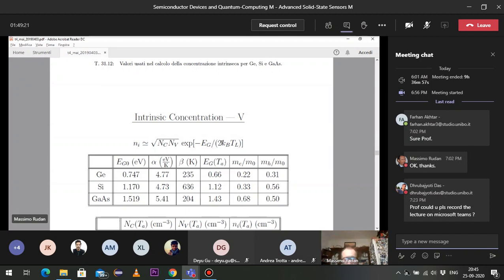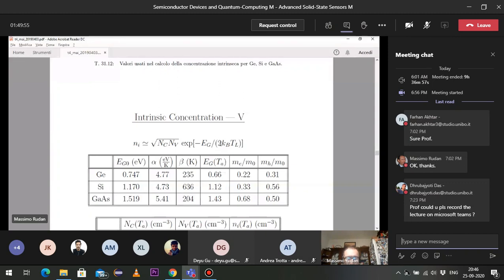When we want to express a function of this form that is proportional to the exponential of minus a constant divided by temperature, we use a special type of graph. So instead of expressing n, we express the log of n. So the log of n will be a constant minus Eg over 2kT.